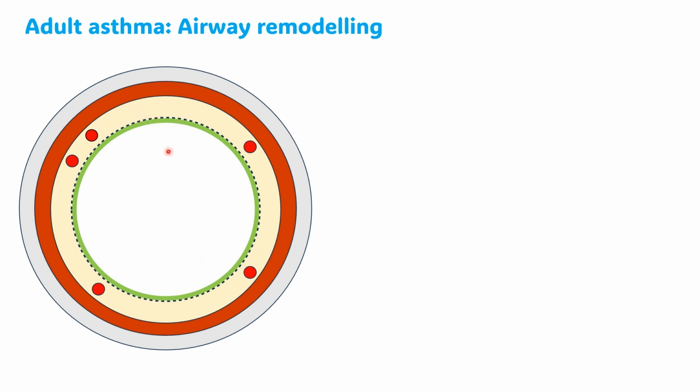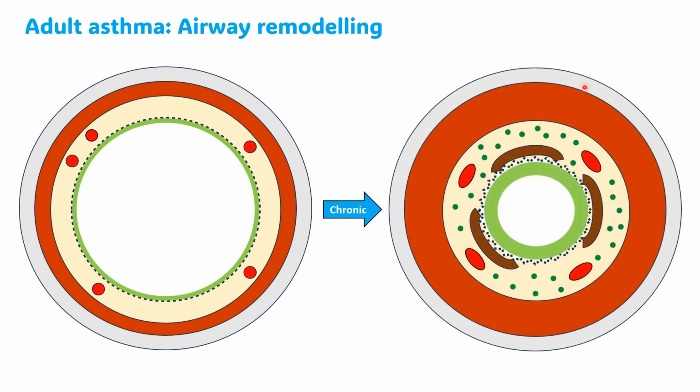But when we have the chronic process of asthma happening, we can have physical alterations to the bronchioles, and they're going to look more like this. And in my opinion, this one on the left-hand side looks much nicer. So let's go into a bit more detail about what's been going on here.